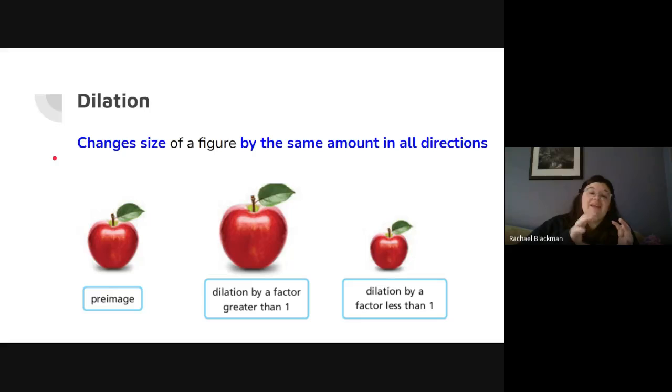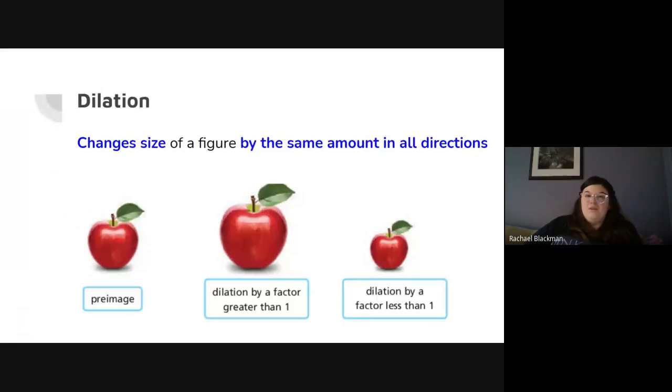If you do a dilation by a factor that's greater than 1, that means we're going to take everything and multiply it maybe by 2, or multiply it by 3, right? We see that it's changing the size. It's not changing the shape of our apple, but the size itself is getting bigger, right? So we're getting bigger in all directions, vertically and horizontally.